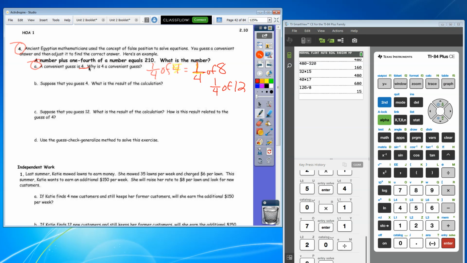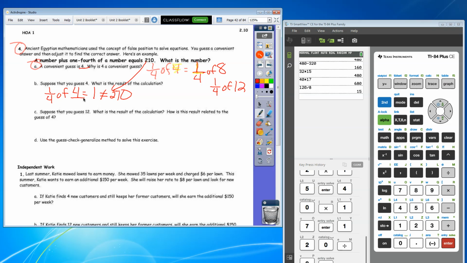So 4 is a multiple of 4, so that works. What is 1/4 of 4? 1/4 of 4 is 1. Does 1 equal 210? No. So we need to go much bigger.